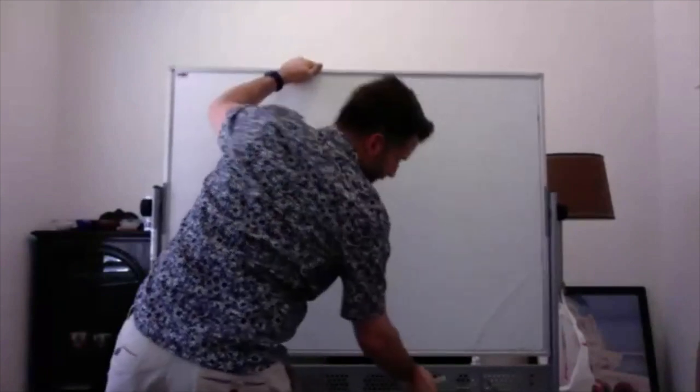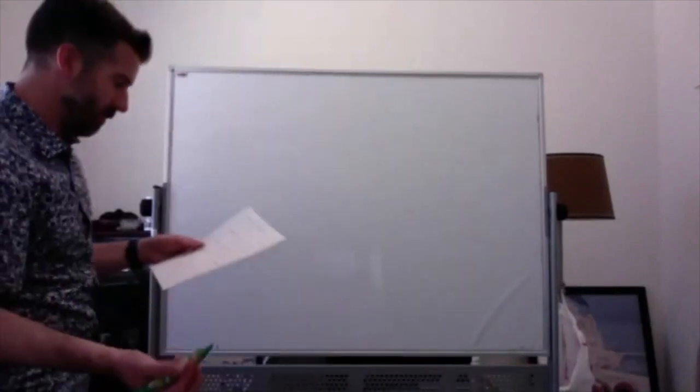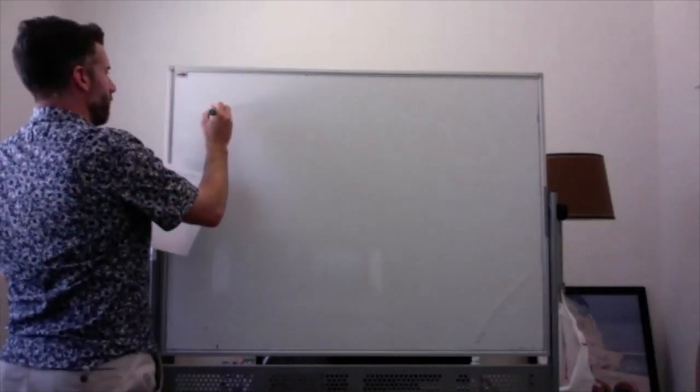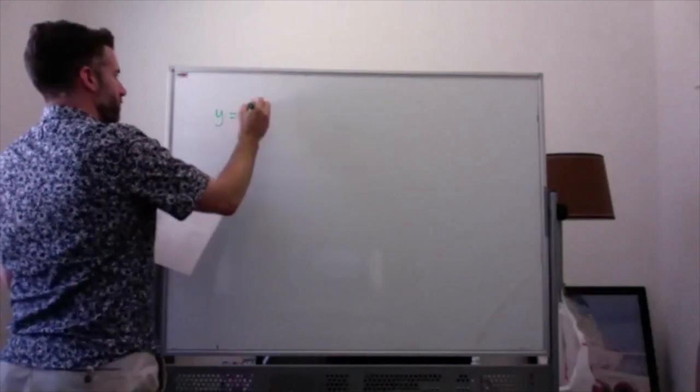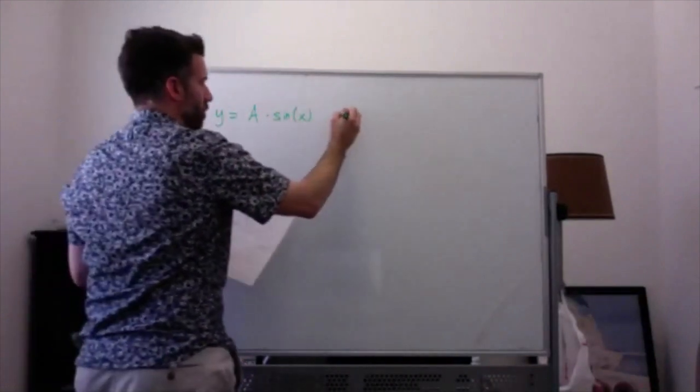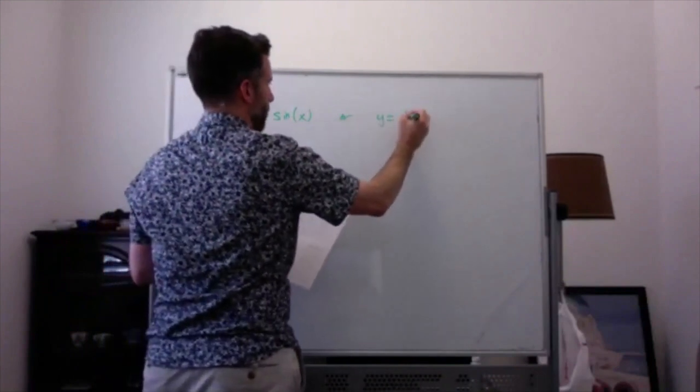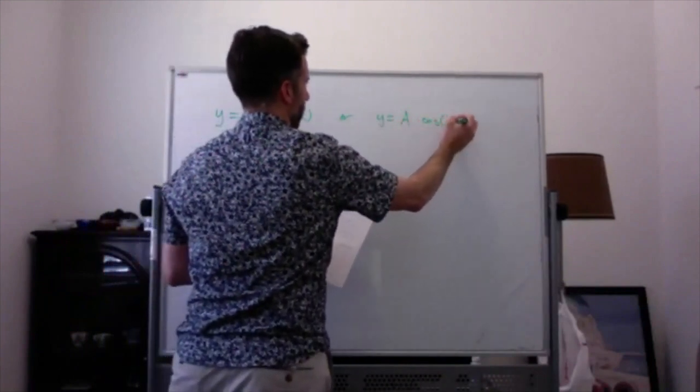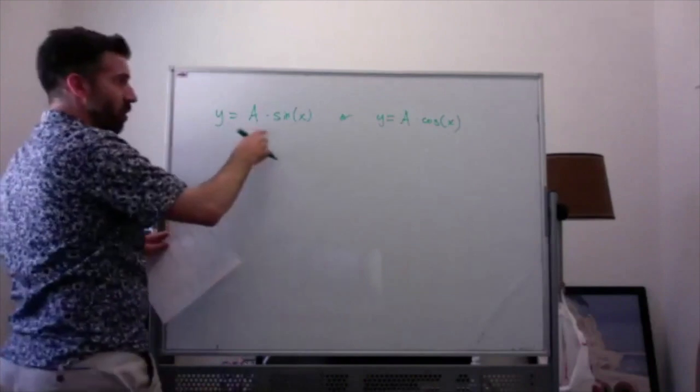So there's a couple things that we can change about our graphs. Notably, here we're going to talk about changing the amplitude and the vertical shift. So amplitude first. For y equal to a times sine of x, or y equal to a times cosine of x, we have some coefficients out here.